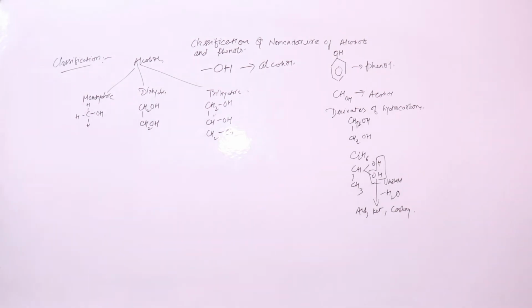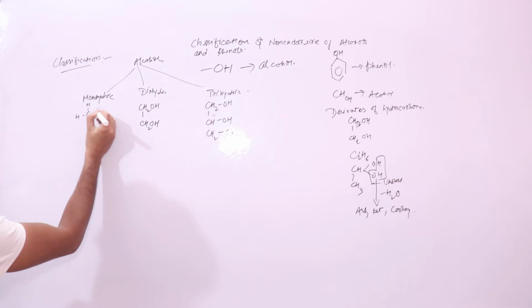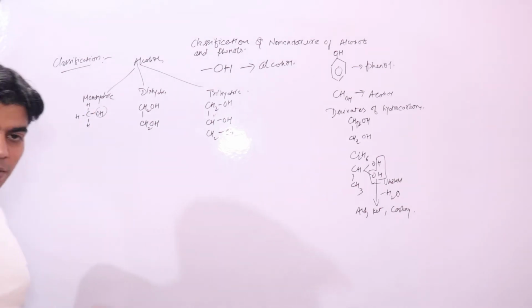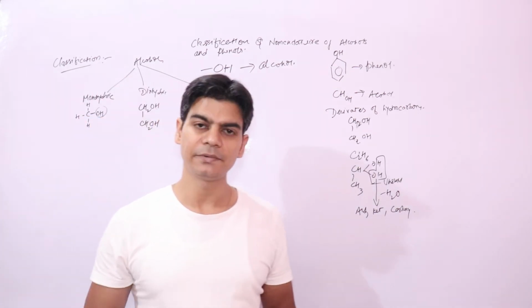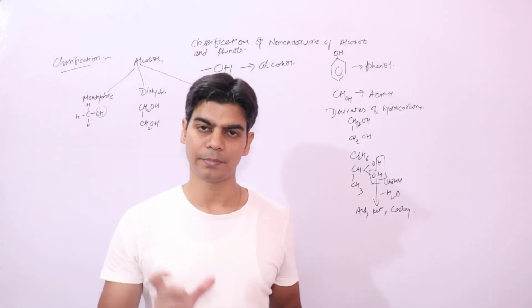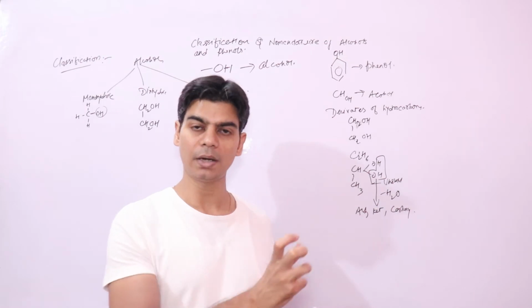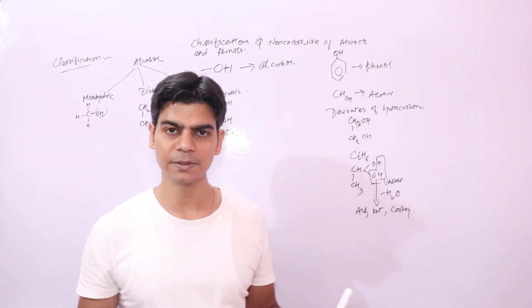Now let's look into monohydric alcohols. Depending on the OH group, we know about the primary carbon atom, secondary carbon atom, and tertiary carbon atom. A primary carbon atom is connected to one other carbon atom or no carbon atoms.